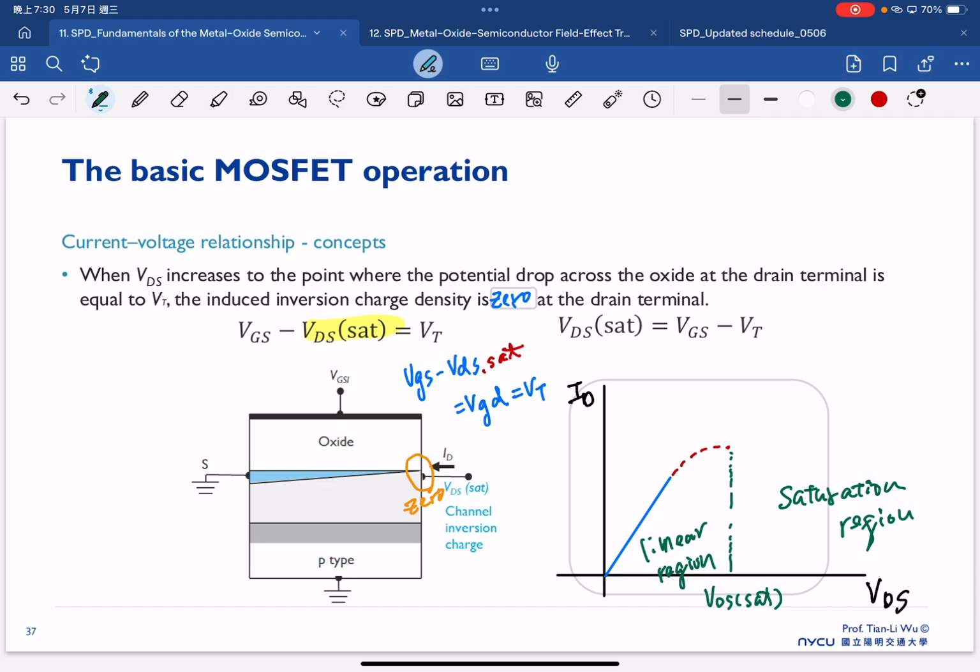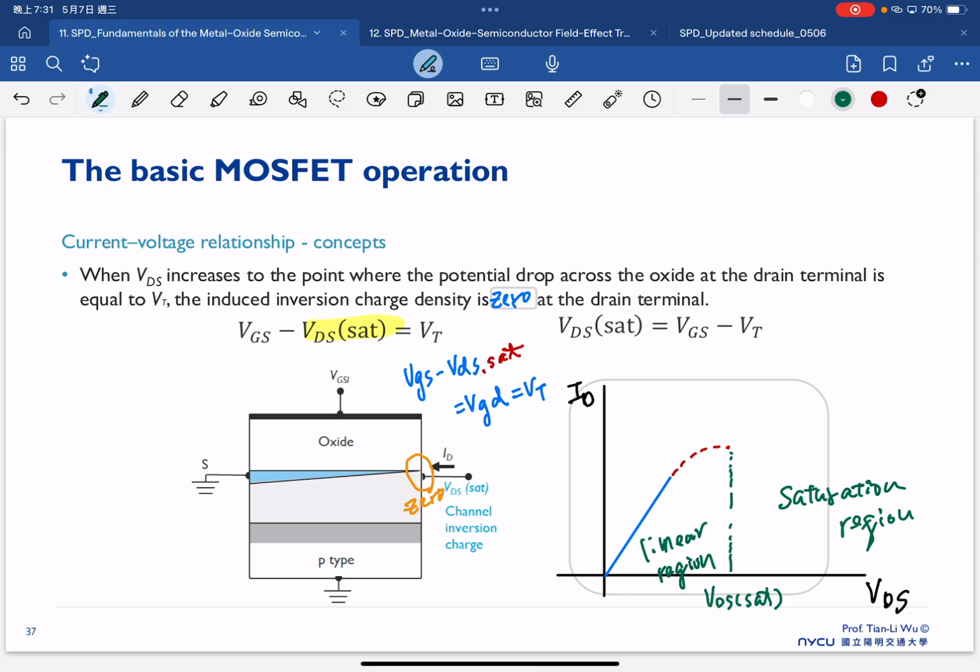But now we still don't know yet what happens after this region, right? Because we just know that at this moment, there's no inversion charge at the drain side. But we don't know what happens if we continue to increase the drain bias beyond this VDS set.